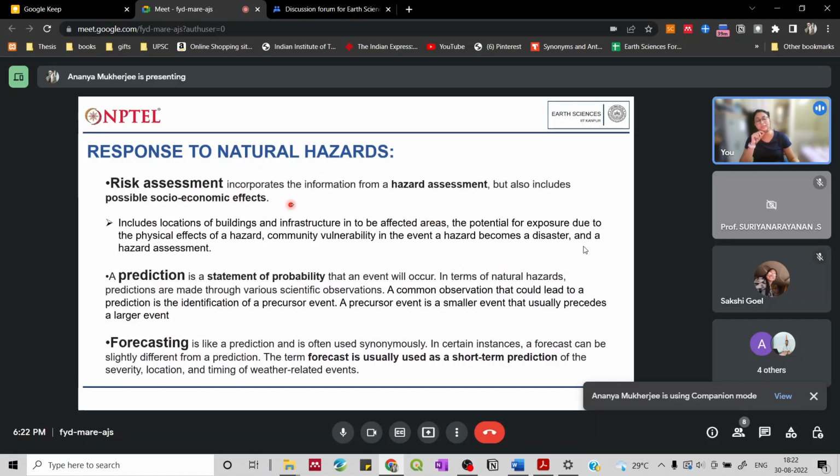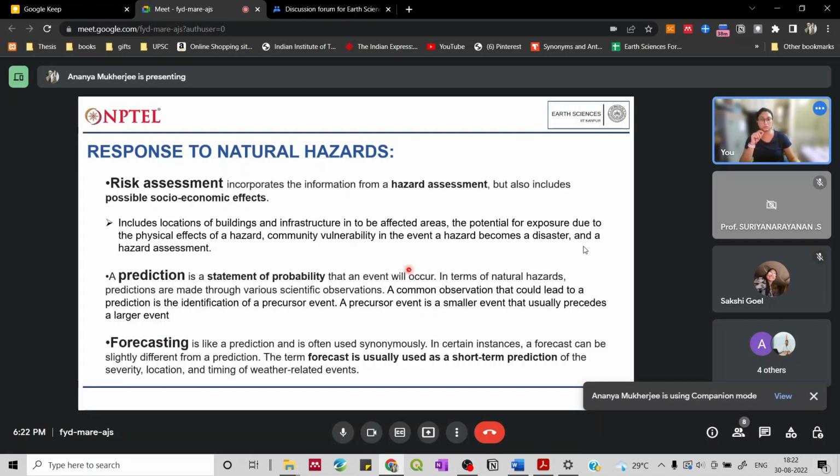Now with the hazard assessment and the risk assessment, we try to predict the probability of an event happening. It can be predicted through certain daily observations. Suppose there are seismic locations, okay, so they record even the smallest seismic events that are happening every day, understanding their trend and the intervals at which these events are occurring.